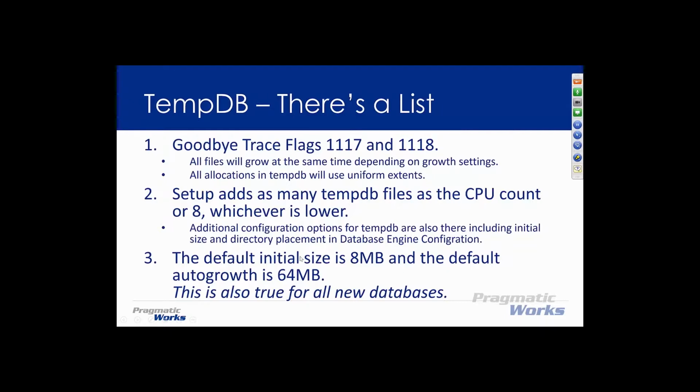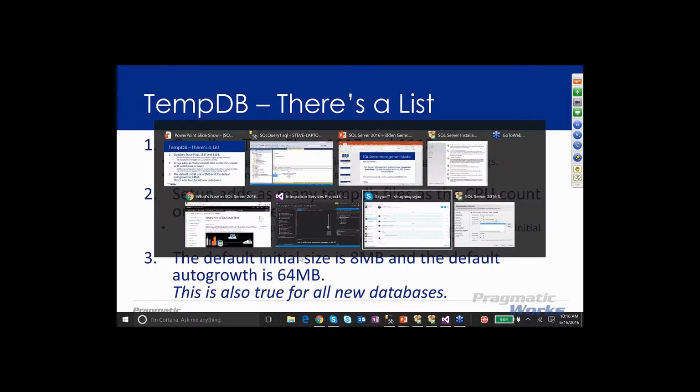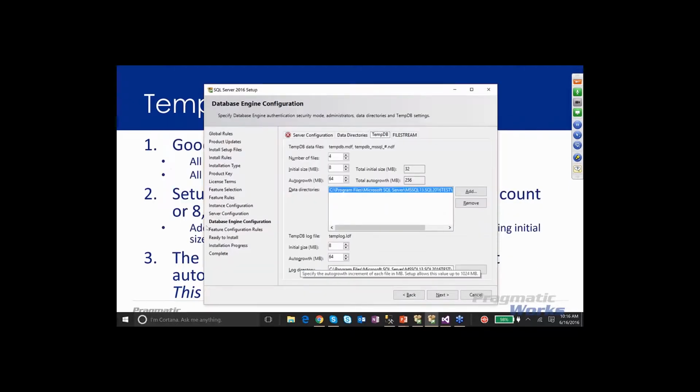Let me get to the right setup window here. I'm in the middle, and you can see that I've gone through a good portion of my setup. I've named my instance, all the wonderful stuff. I don't plan to actually create a second instance on my laptop.